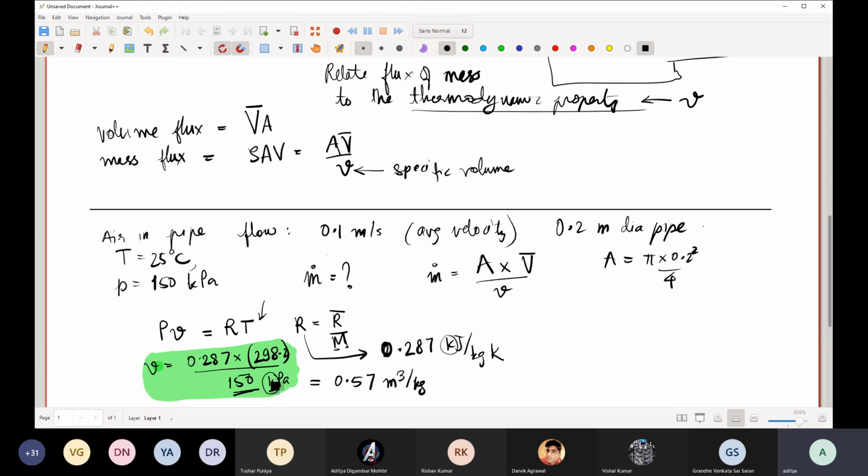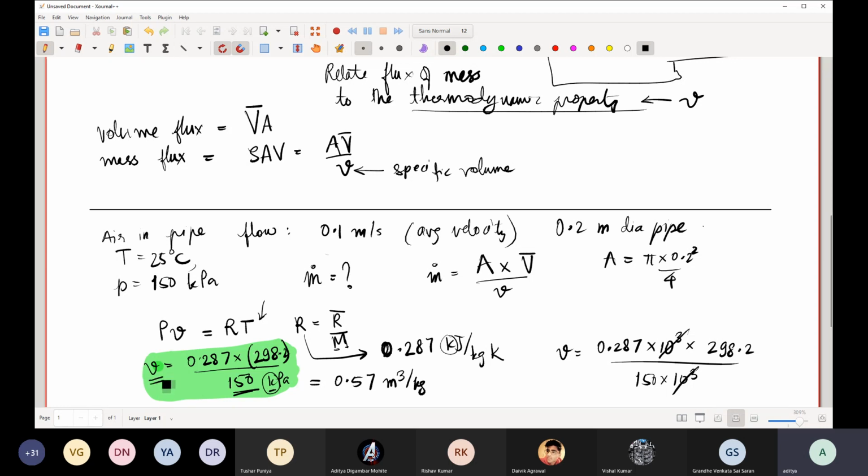Otherwise the units will be SI units, but you will have a kilo floating around. If you do not want to deal with this, you would have written it as 0.287 times 10 to the power 3 joule per kg Kelvin times 298.2 Kelvin over 150 times 10 to the power 3 Pascal. Then you are having all the consistent units. So this cancels out. That is why I did not bother writing them over here.